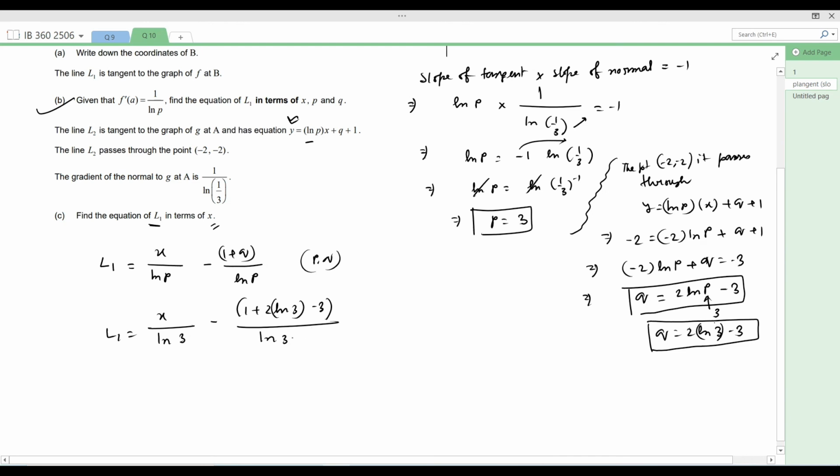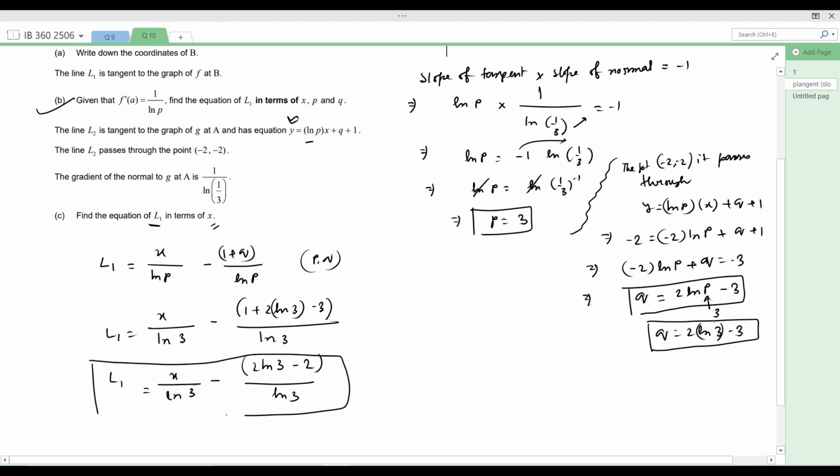So x divided by ln 3 minus (2 ln 3 minus 2) divided by ln 3. This is the equation of L1. You can also give the 2 as a power, like ln 3 squared. In this way the equation of L1 is found only in terms of x.